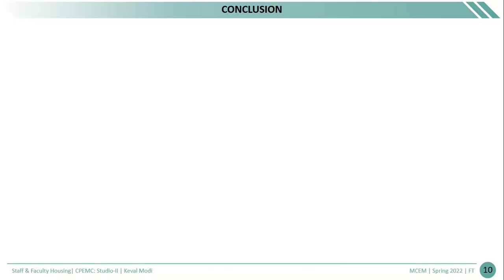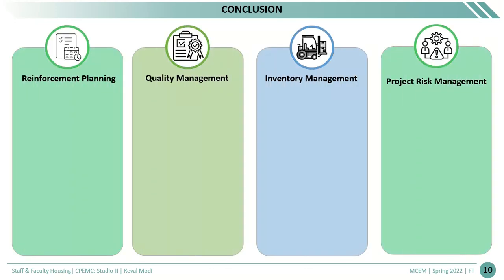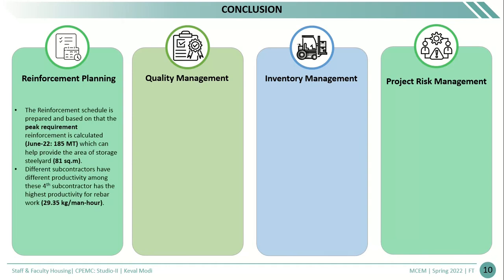So coming to the conclusion, in this portfolio, there are basically 4 major topics covered, which are reinforcement planning, quality management, inventory management, and project risk management. In reinforcement planning, the reinforcement scheduling is prepared. Based on the scheduling, the peak requirement is calculated, which is coming in June 2022, at 185 metric ton.